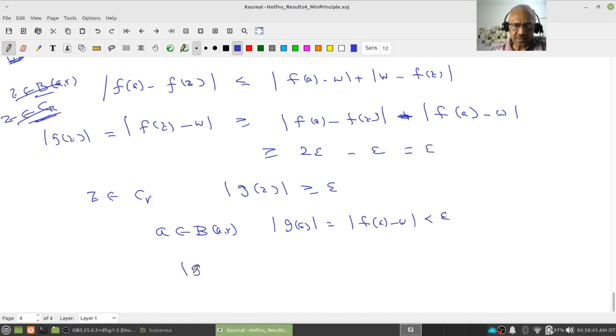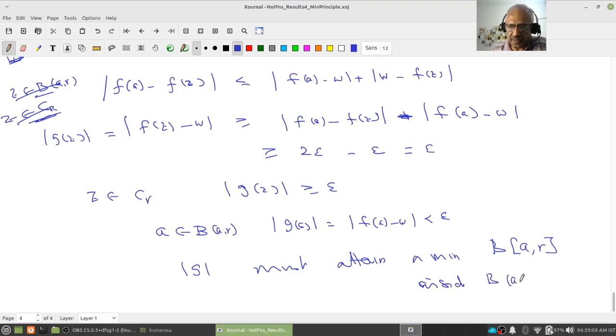But since mod g must have a minimum on the closed and bounded disk, which is a compact set, and the minimum cannot be attained on the boundary, therefore it must attain a minimum inside BAR.